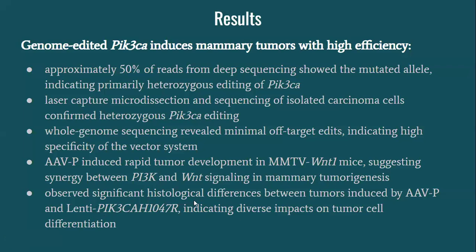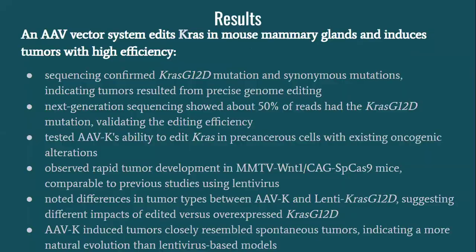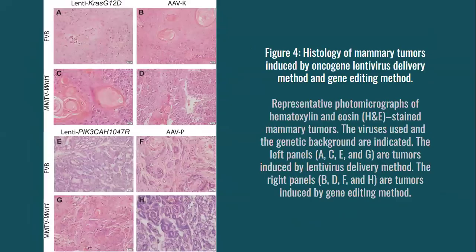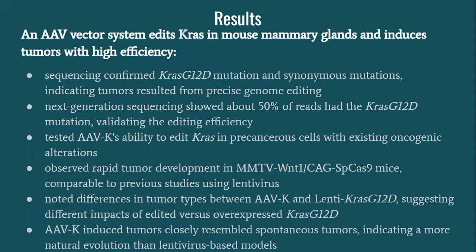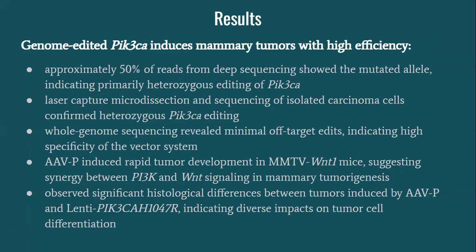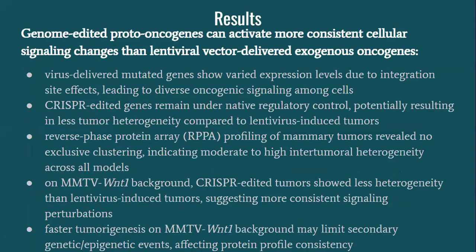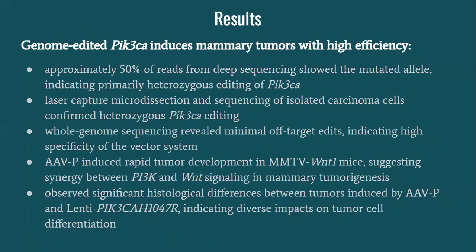Then they also observed significant histological differences between tumors induced by AAVP and lenti, indicating diverse impacts on tumor cell differentiation, as I have shown in this diagram. So here you can see the histological differences. So all of this suggested that definitely the second or the newer model was better.